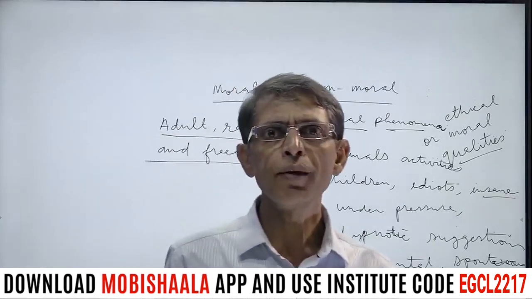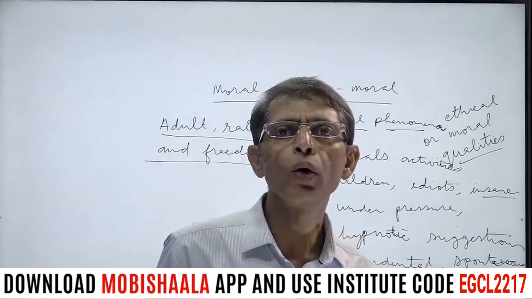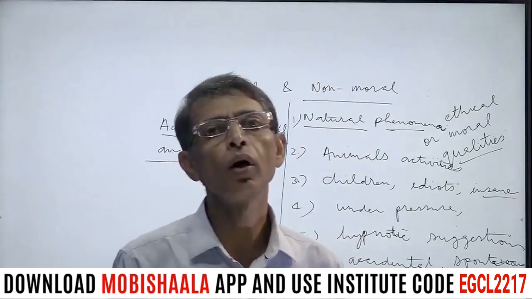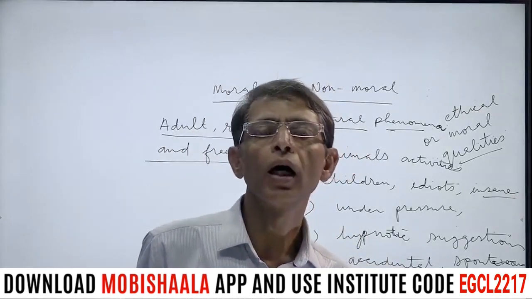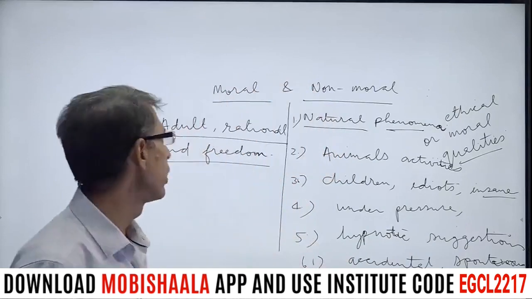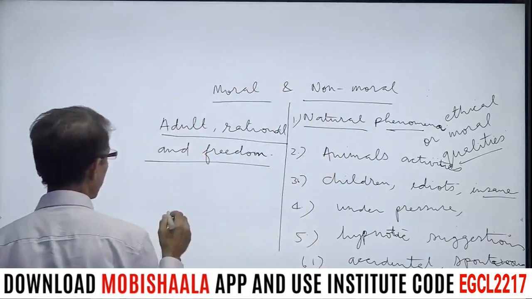In short, again we can say what is moral? Moral is a voluntary action as well as a habitual action. So voluntary and habitual actions have moral quality.